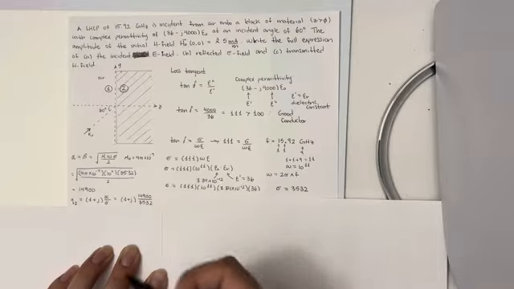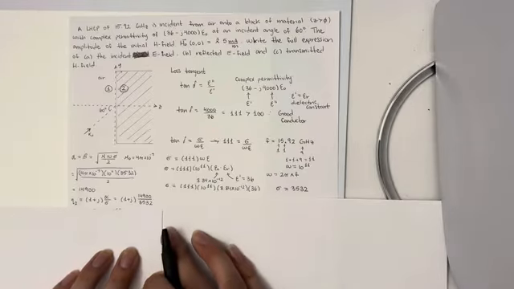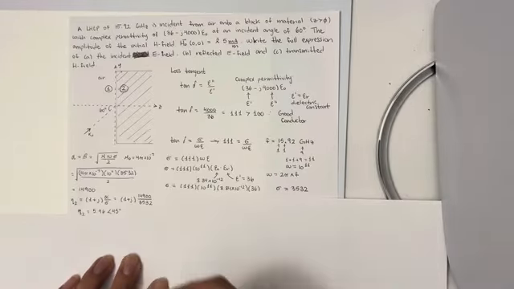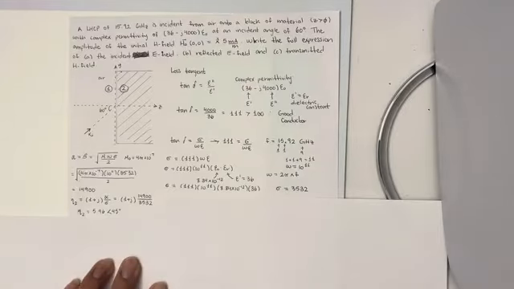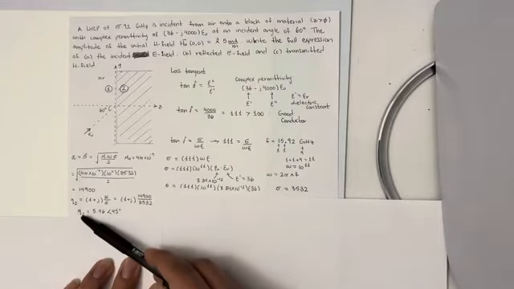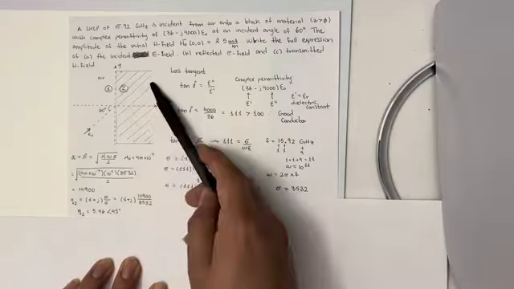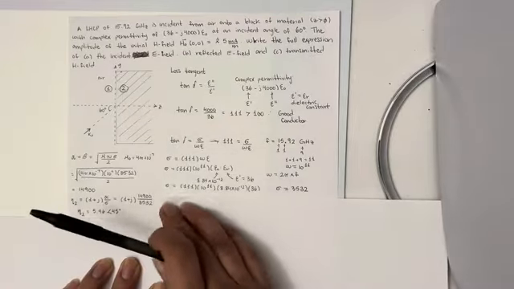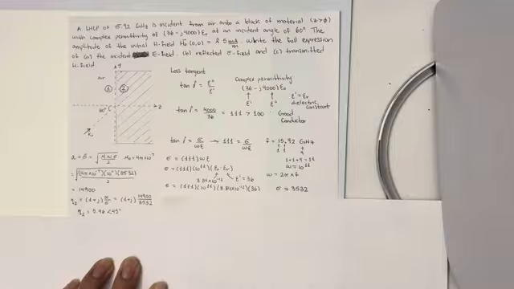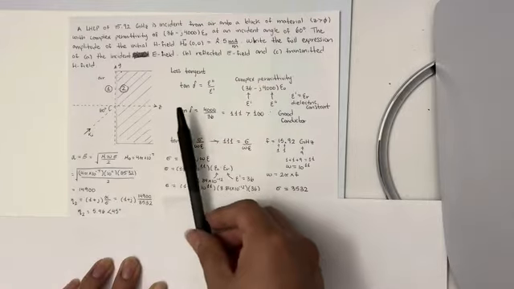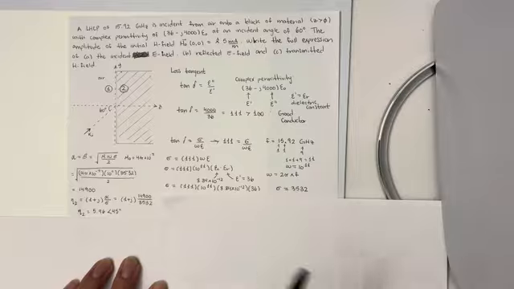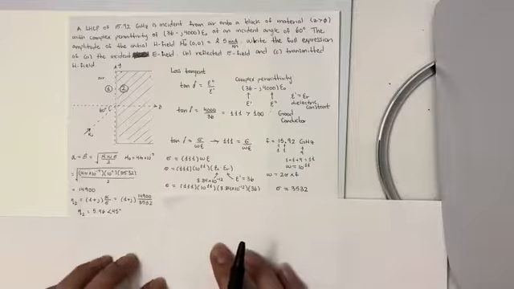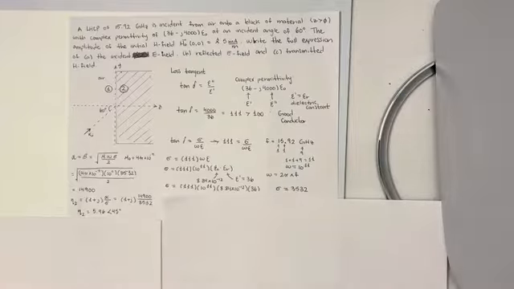Since we're dealing with a complex number, we will get a phase shift of 45 degrees. The reason I label this as eta 2 is that this is the ratio in this medium, because again, we're dealing with a good conductor. Based on this, we can solve for part A.